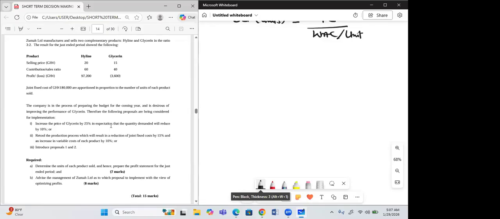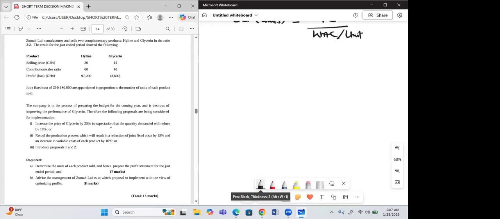The result for the just ended period showed the following. Joint fixed costs of 180,000 are apportioned to the number of units of each product sold. The company is preparing the budget for the coming year, and it is desirous of improving the performance of Glycerin.